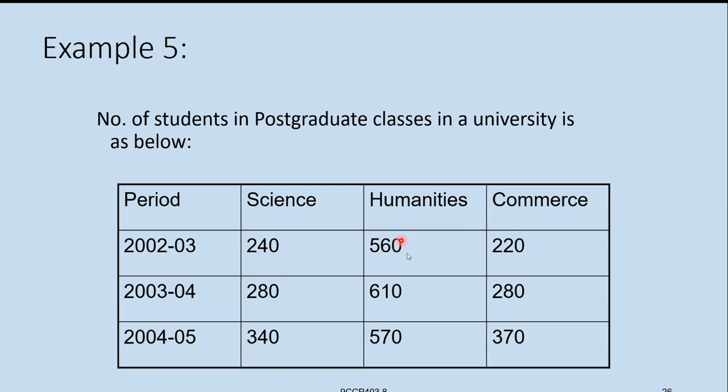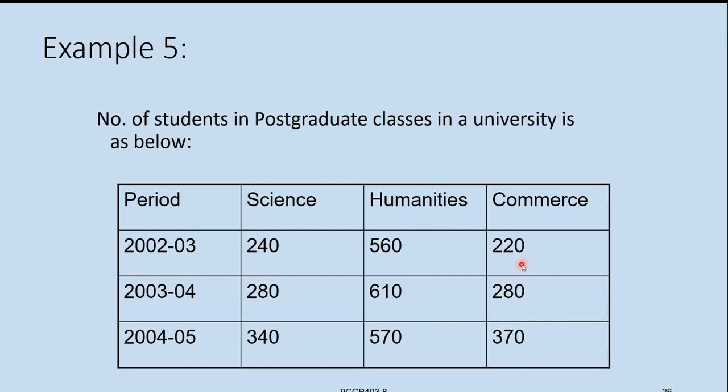For example, 560 plus 240 is 800. 800 plus 220 is 1020. So 1020 is equated to 100. Then these three are indicated in the percentage bar so that all these three can be indicated.